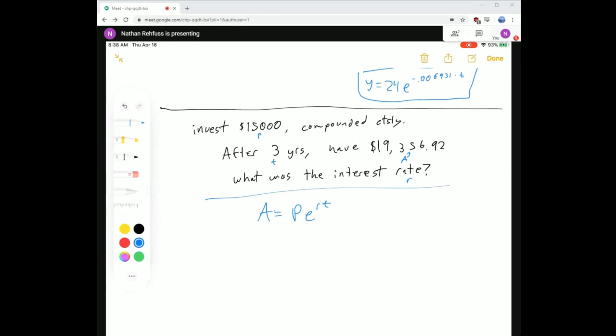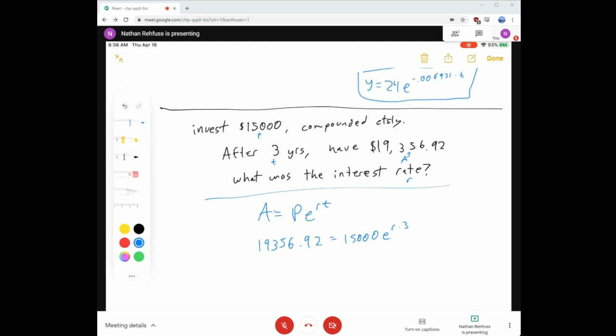What I can fill in then is, oh, I probably don't want the dollar signs. 19,356.92 equals 15,000 e to the power of whatever r is times 3 for 3 years. And we're going to try to find out what r was.